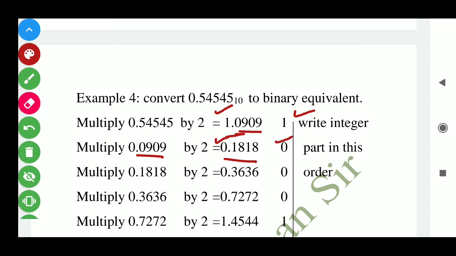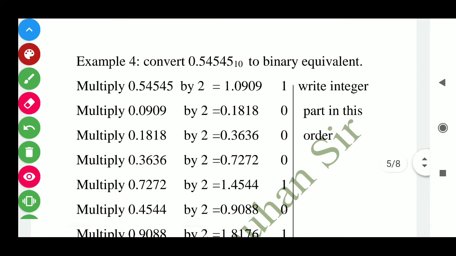Same way, the fractional part is 1818, multiply by 2, your answer is 0.3636. Write the integer part, that is 0. Then again, the fractional part is 3636, multiply by 2, your answer is 0.7272, and your integer part is 0, write this 0 here.